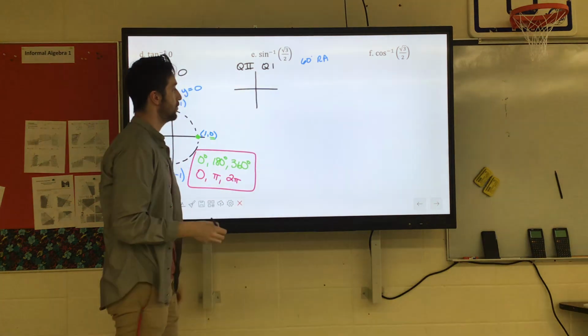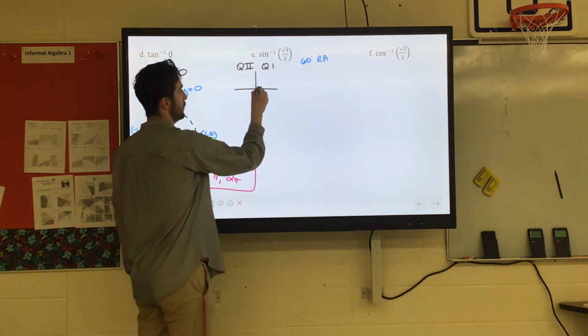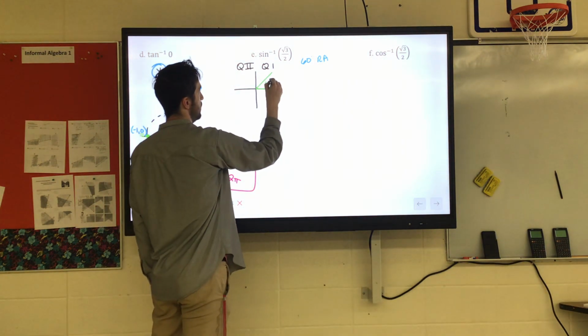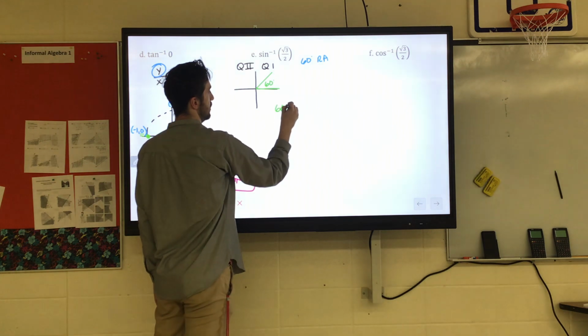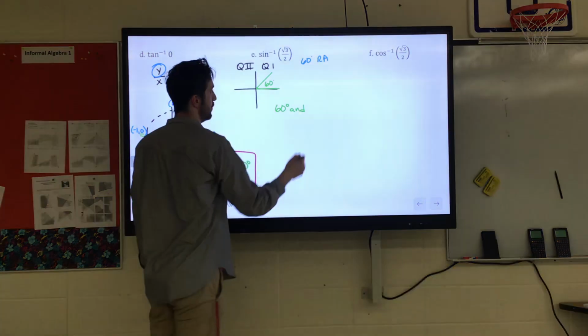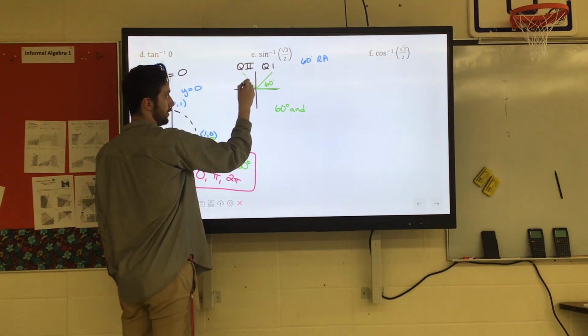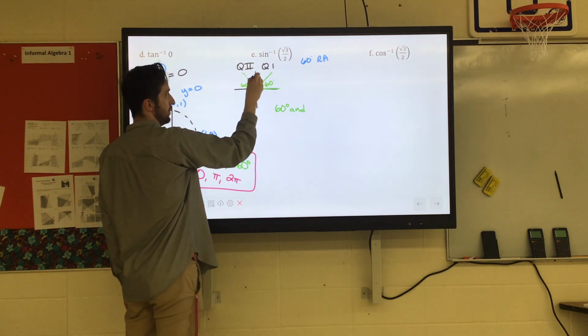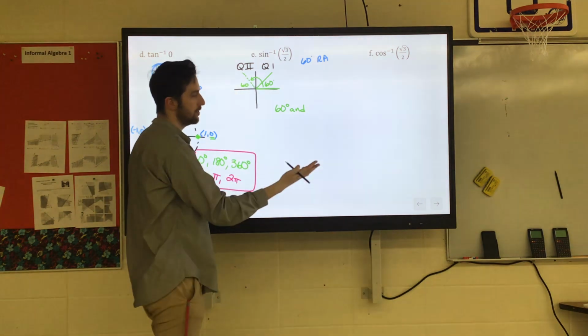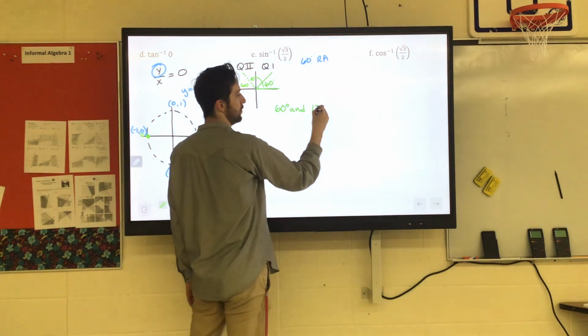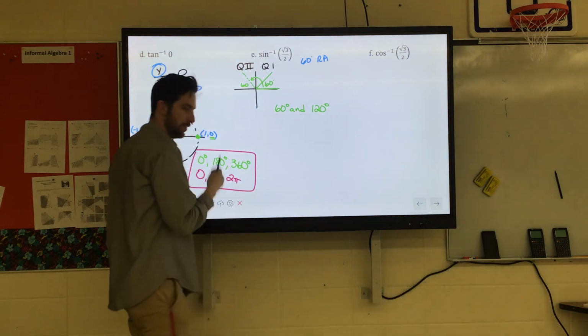So if we're thinking in quadrant 1, 60-degree reference angle is just 60 degrees. But in quadrant 2, if we had a 60-degree reference angle, this other angle would be 180 minus 60, which is 120 degrees. There they are in degrees.